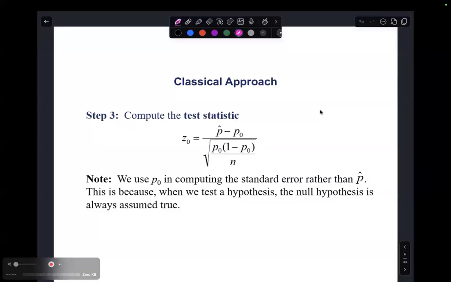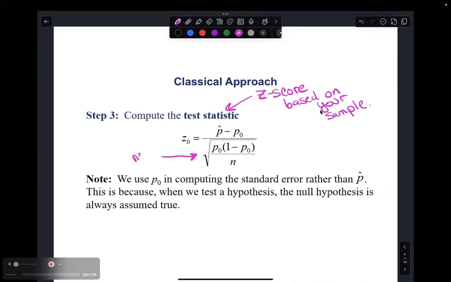So the test statistic. The test statistic is the Z-score based on your sample. So remember this right here, that right there is the new standard deviation.